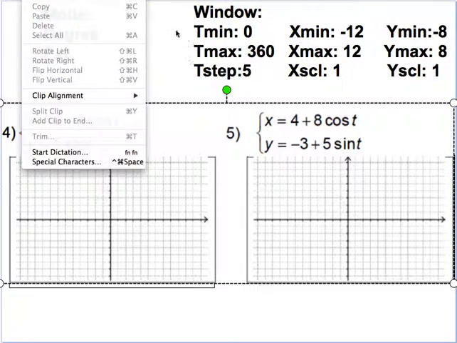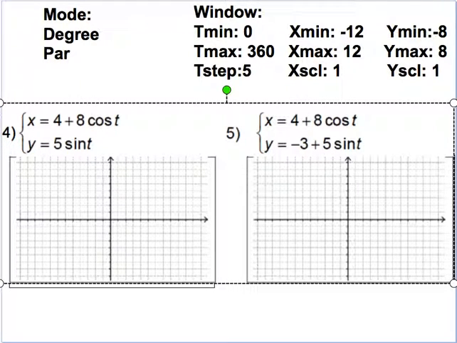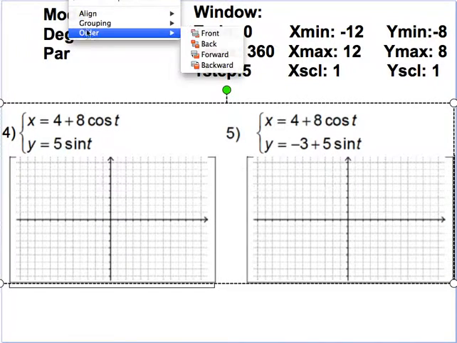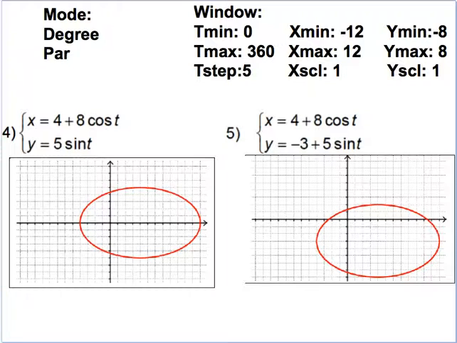So if you do it by hand, you just first find the center point. So this one was at 4 and 0, so like right here, and then you count 5 up, 5 down, and then 8 over and 8 over this way.